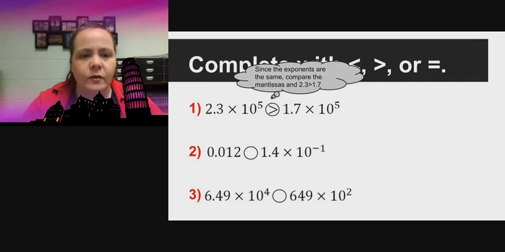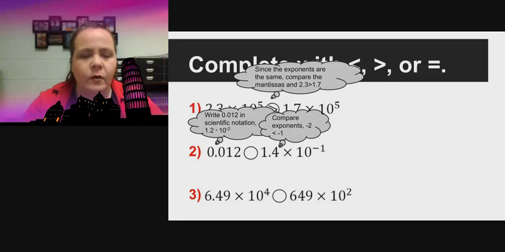And then in number 2, one of our numbers is not in scientific notation, so we're going to rewrite 0.012 to be 1.2 times 10 to the negative 2. And then we're going to compare, and negative 2, the power of 10, is less than negative 1. So we're going to replace that one with a less than sign.